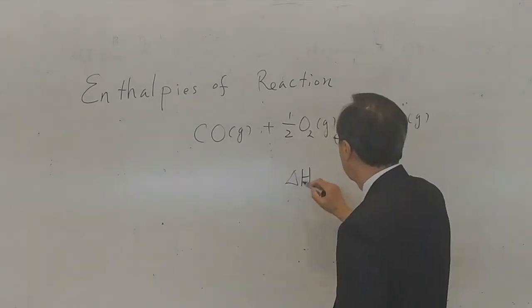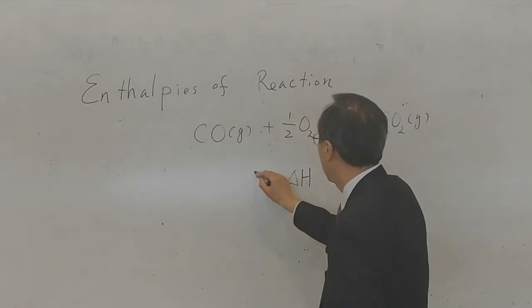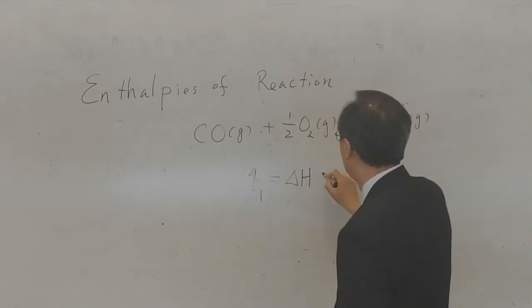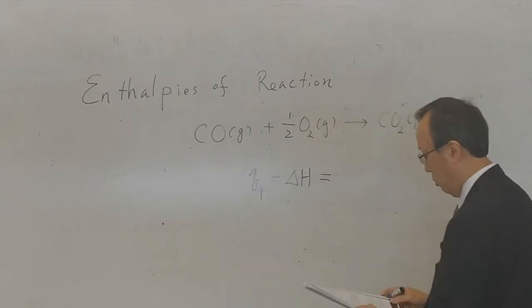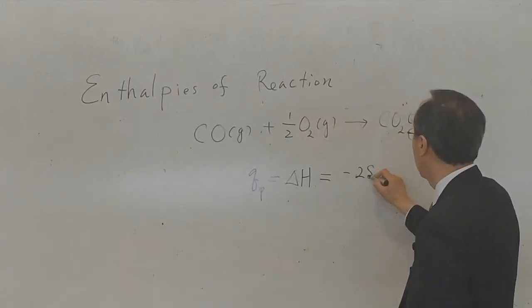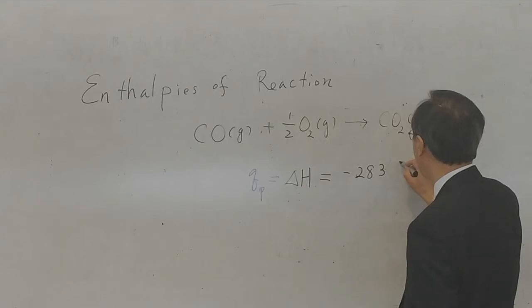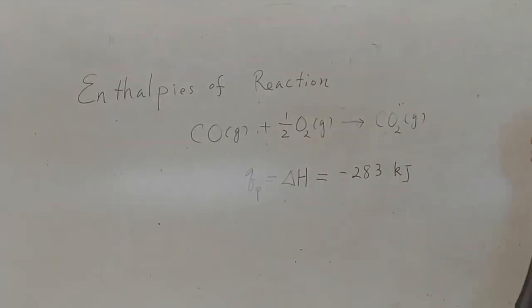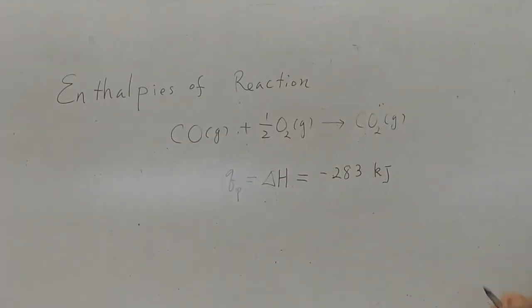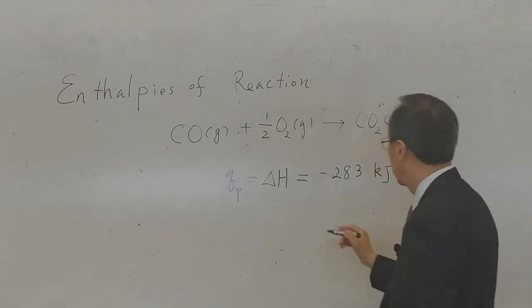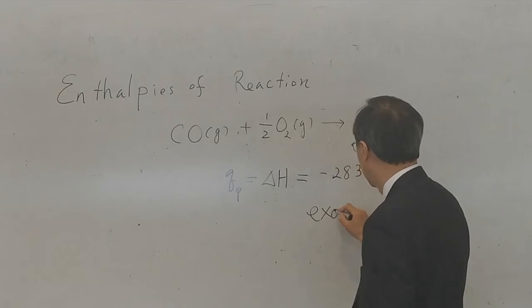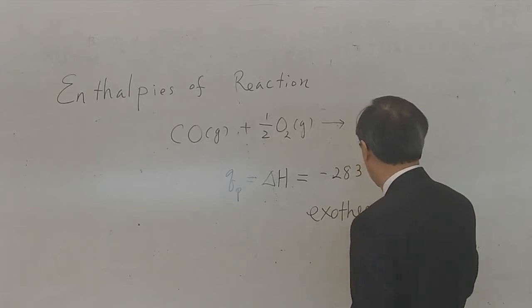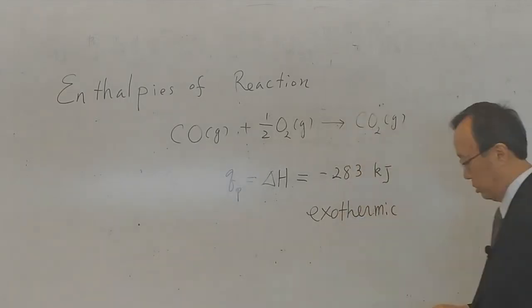Delta H, we designate Qp, heat, delta H equal minus 283 kilojoules. So minus means heat is evolved from the system to the surrounding. We call this exothermic reaction.